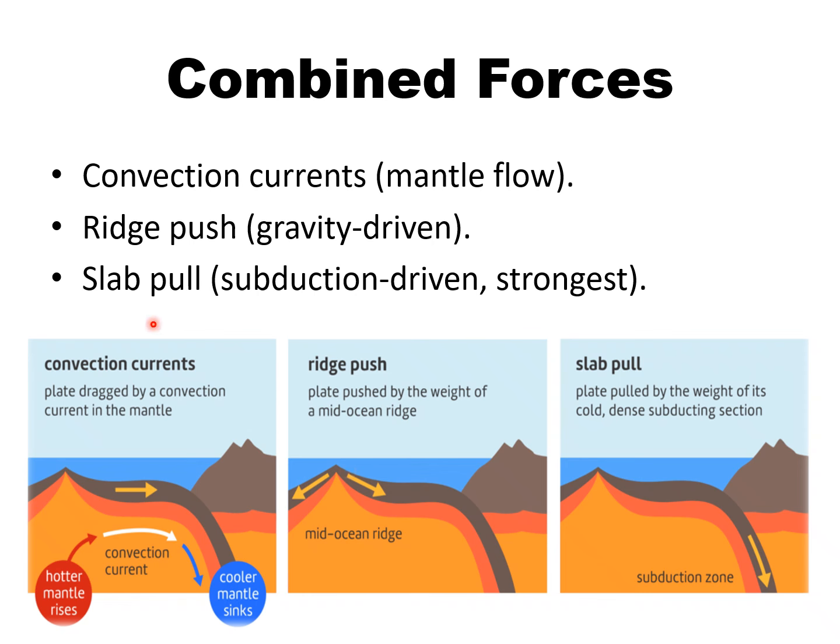And lastly, the slab pull, the strongest force that drives plate movement. It's subduction zone driven. As the oceanic crust dives under, it pulls the rest of the plate together with it.